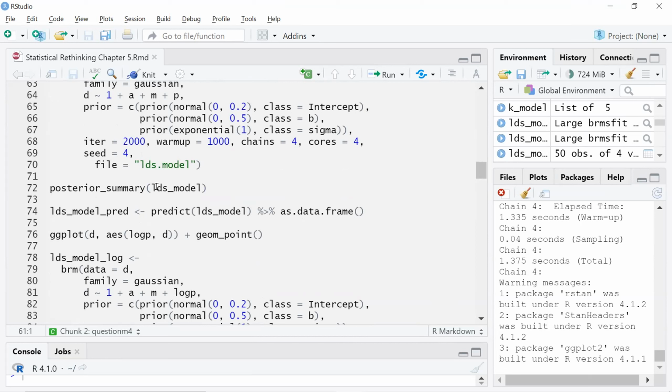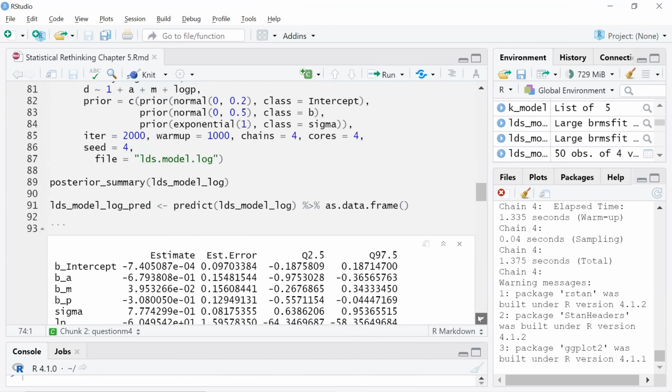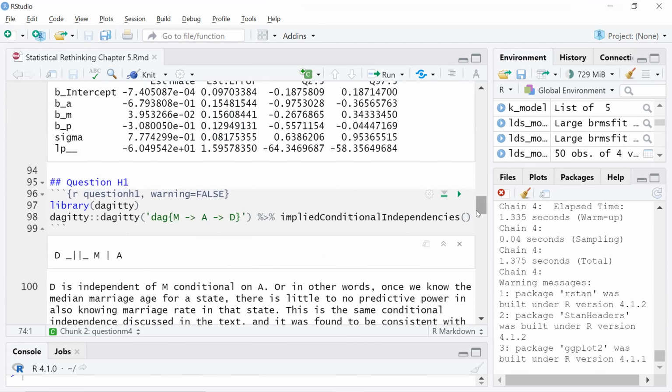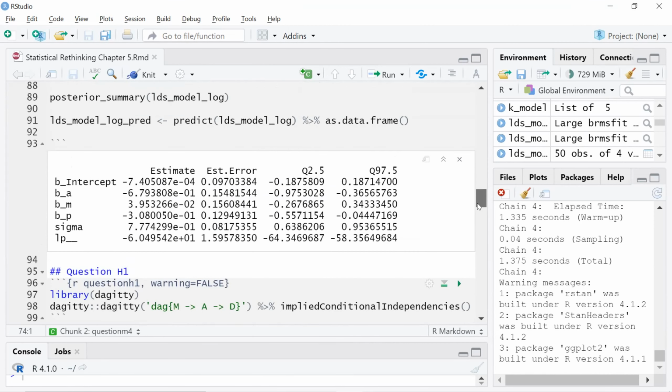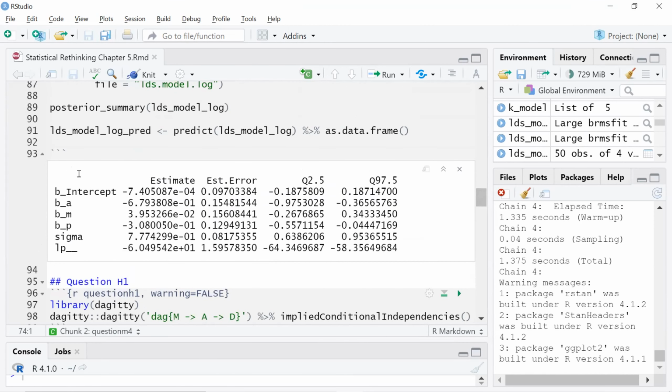Okay, website. See if that'll work. Scroll down. Oh yeah, here we go. So here we have the intercept. And then age at marriage is negatively associated with divorce rate.